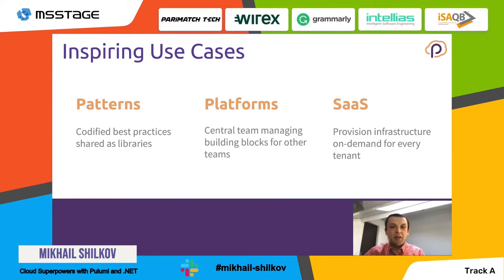Typically, these capabilities are very powerful, for example, for companies that have multiple teams working towards the same goal, and then there is a team which is more experienced with infrastructure provisioning and automation, and that team can take the lead and codify the best practices for all the teams, create a bunch of patterns, and then package those as distributable packages, and provide a platform of components for other teams in the same company that they can build off.